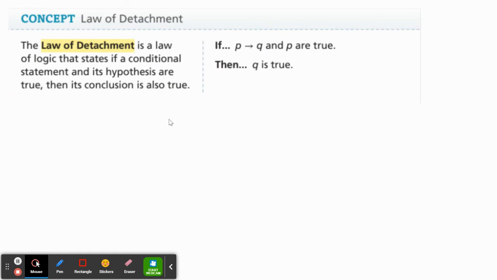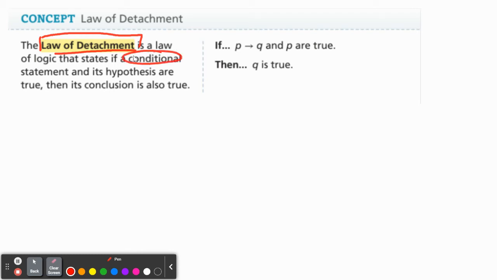Okay, so we have this law of detachment idea, which is a great tool to use to make logical conclusions. So here's what the law of detachment says. The law of detachment is a law of logic that states that if your conditional and your hypothesis are true, then your conclusion is going to be true.